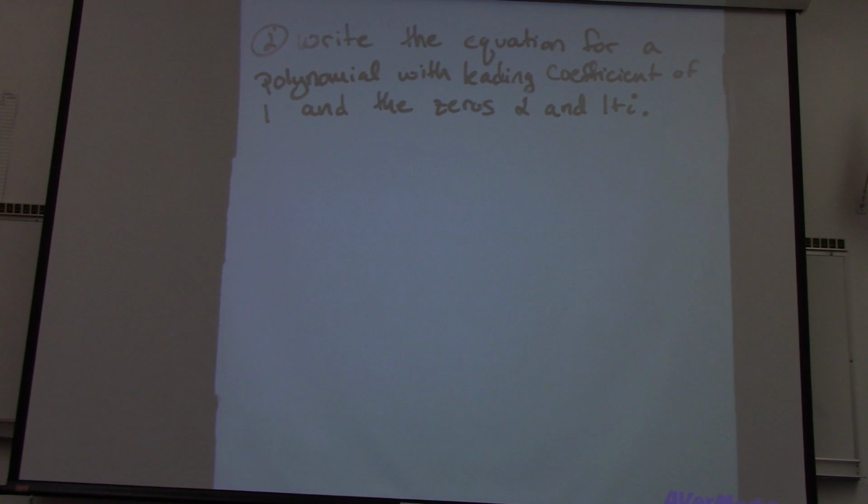Is there going to be questions like this on our homework tonight? Yes. And then you have one where there's no imaginaries and you have one where there is an imaginary with what I gave you.